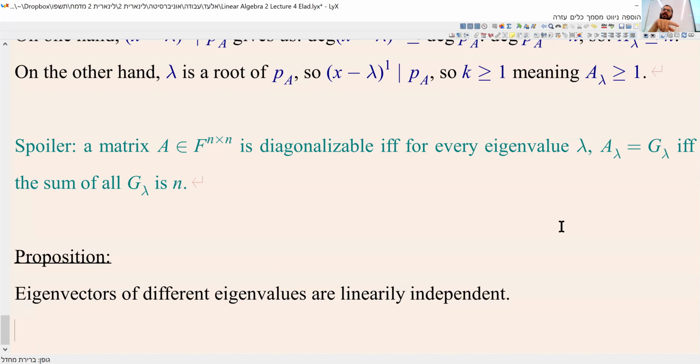Did Nir do it in the practice or put it in homework? This claim, eigenvectors of different eigenvalues. Homework or practice? Practice. Okay, so proof.